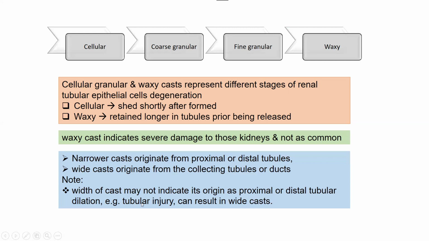In situations like tubular injury, we have the proximal and distal tubules being dilated. So if they are dilated in tubular injury, then you are going to have wide cast even from this region. So it's not a 100% specific thing, but it's a general rule that narrow casts normally originate from proximal and distal tubules, and wide casts originate from collecting tubules or ducts.